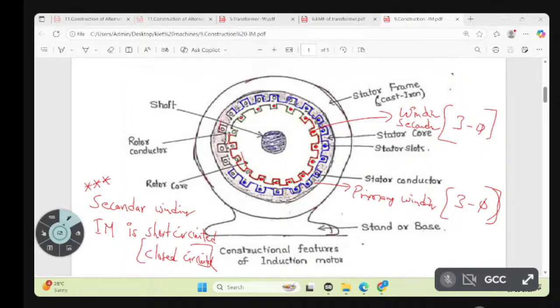Rotor conductors కూడా ఇక్కడే ఉన్నాయి కదా. So an EMF is induced in the rotor conductors.